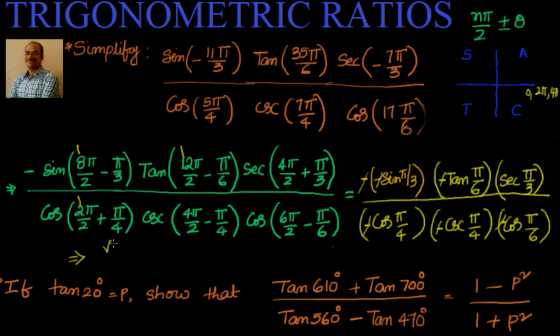Sin 60 is root 3 by 2 into tan 30 is nothing but equal to 1 by root 3 into secant 60, that is equal to 2 divided by cos pi by 4, that is equal to 1 by root 2 into cosecant pi by 4, that's equal to root 2 into cos 30, that is equal to root 3 by 2. Root 2 cancels. Root 3, 2 cancels. You end up with 2 by root 3.